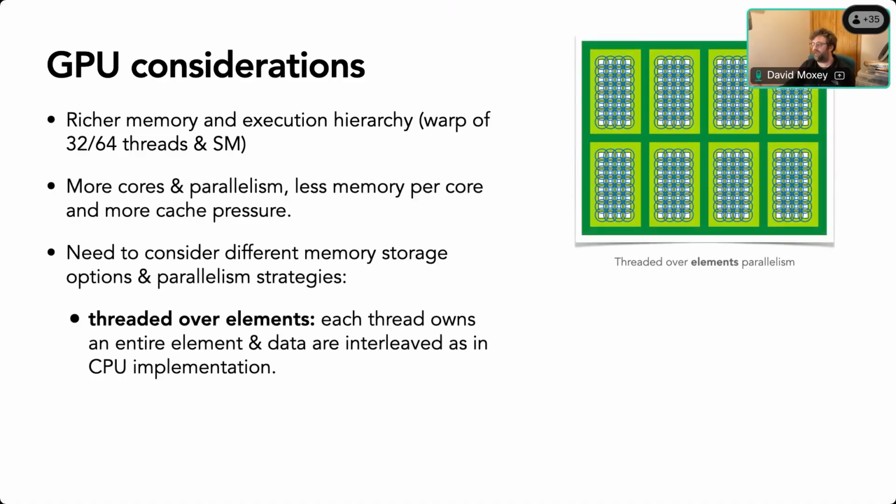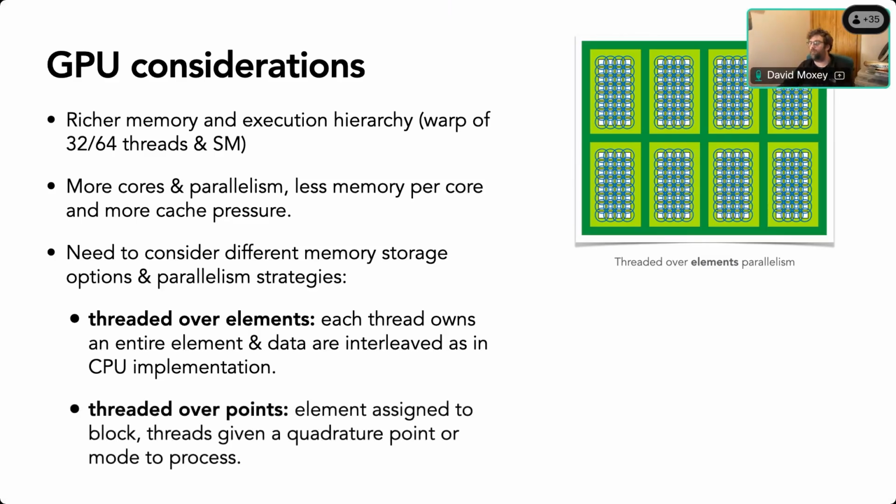One option is to take, in this case, the 32 cores that would live in a warp, and the circles represent an element. So you say, okay, I'm going to give an element to each core, and each thread owns an entire element, and data then gets interleaved into a big 32-wide block, just as in the CPU implementation I just showed you.